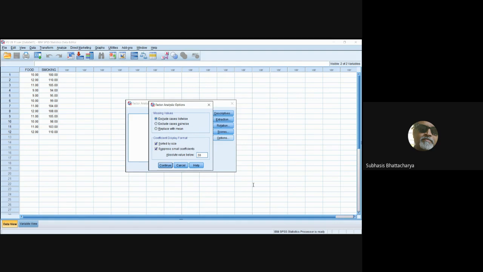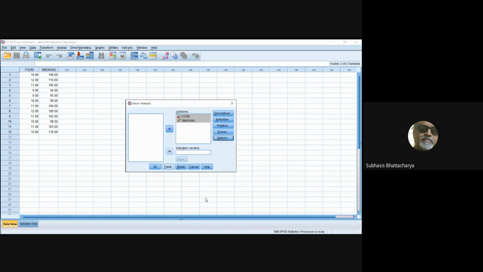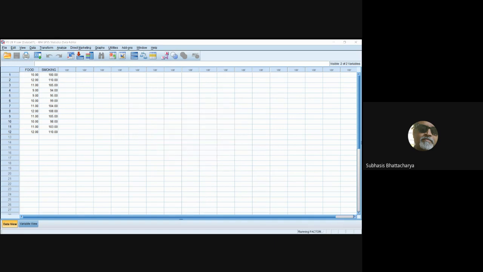This is important: the absolute value of the correlation coefficients greater than 0.3 will be identified as relatively related. So we can continue, and the output will be produced.